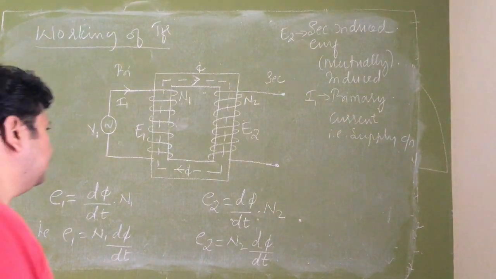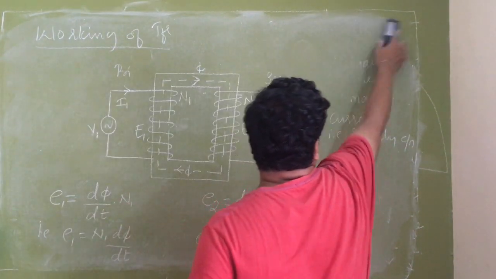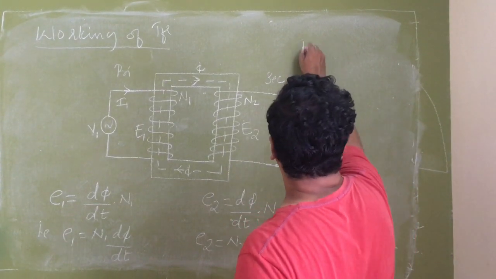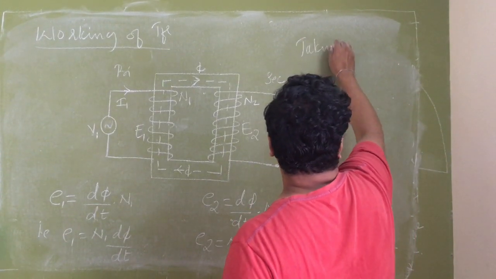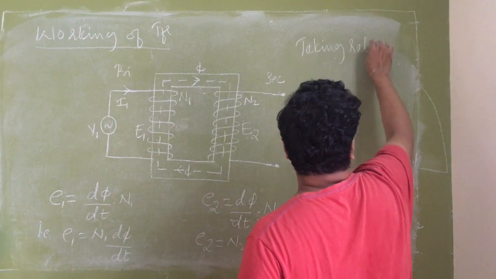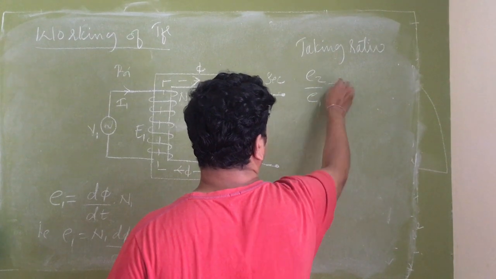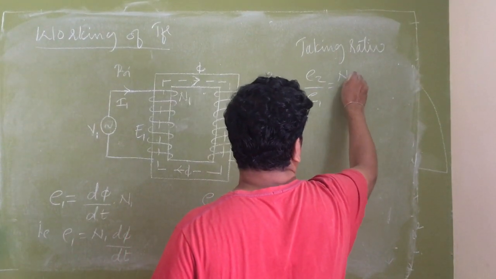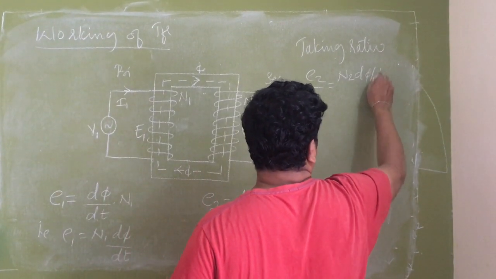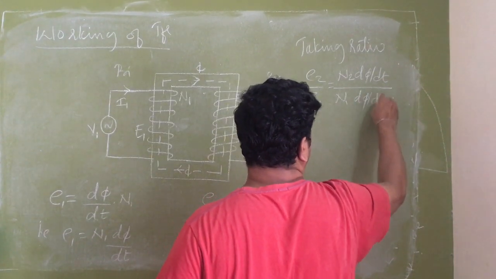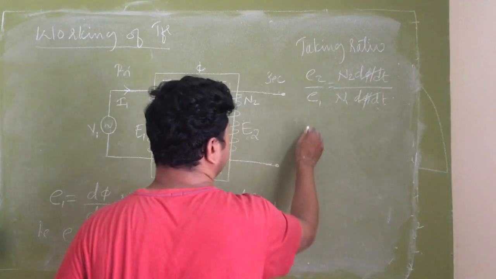Now, taking the ratio, E2 to E1, what do I get? N2 d phi by dt divided by N1 d phi by dt. So d phi by dt will cancel.